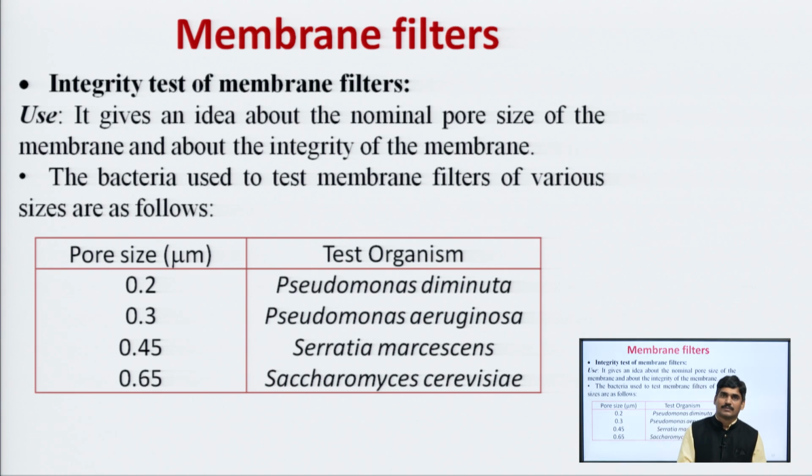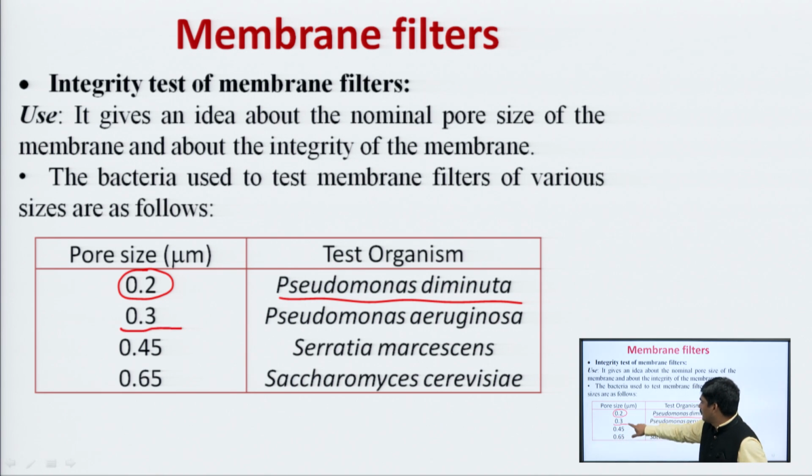Okay. So, the bacteria used to test membrane filters of various sizes are listed below. In case of membrane filters, if the pore size of the filter is 0.2 micrometer, then we use Pseudomonas diminuta as the bacteria for the integrity test of membrane filters.